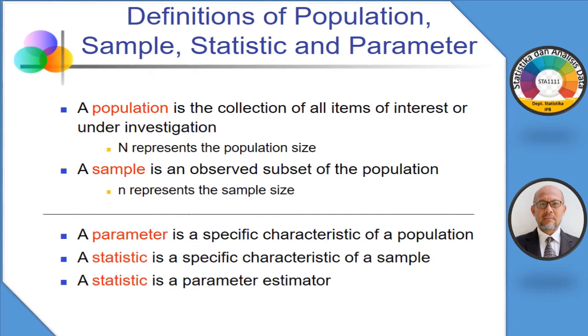For example, you define all students of IBB University in 2021 as a population, meaning that you have the number of students of IBB University in 2021. Students in 2022 are not a population of interest that you want to investigate.